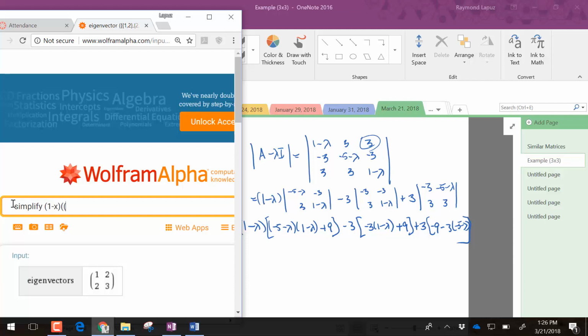And then brackets minus 5 minus lambda times 1 minus lambda plus 9. So that's the first term. I have a minus 3, parentheses. I got a negative 3 times 1 minus lambda plus 9. And then I have another plus 3 times, and then I have a minus 9 minus 3 times minus 5 minus lambda.